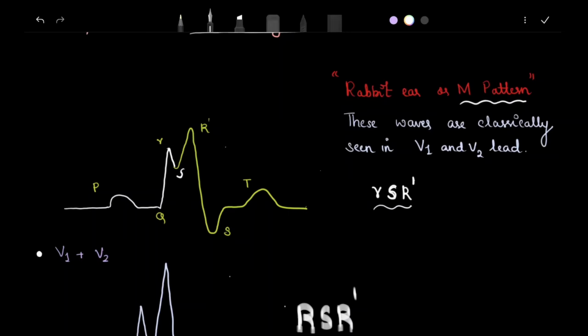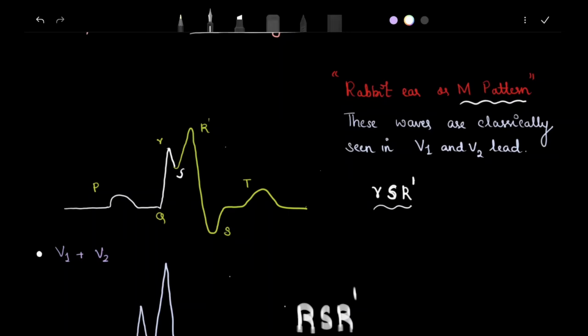Look at another ECG here. In V1, there is an R dash pattern, and in V2 also we see that R dash pattern. In V4, V5, V6, the slurring of the S wave is not prominent in V5 and V6.